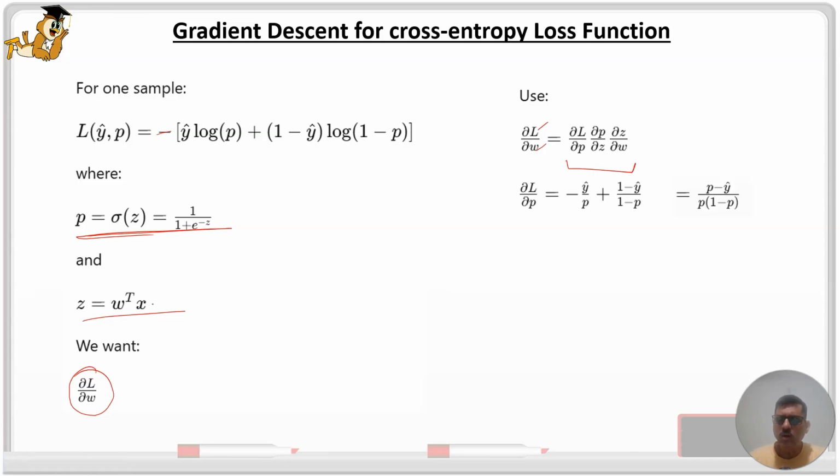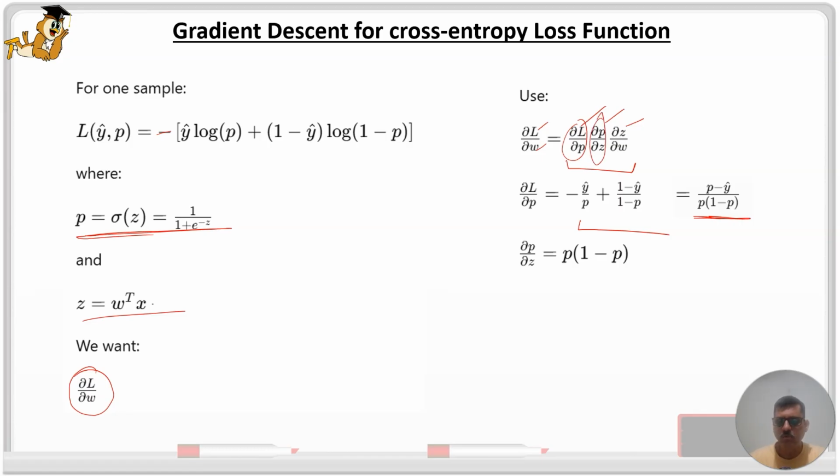Now let us find out each of these three. Delta L over delta P, you can easily verify, is minus y hat over P plus 1 minus y hat over 1 minus P, and this simply evaluates to this. Next, delta P over delta Z, that's what I'm going to find.